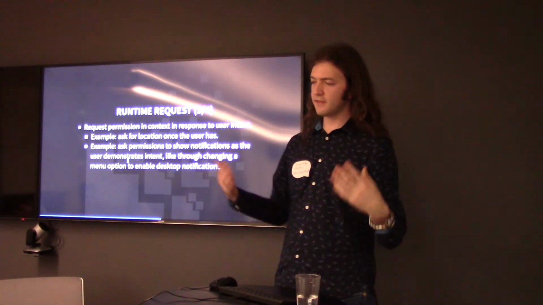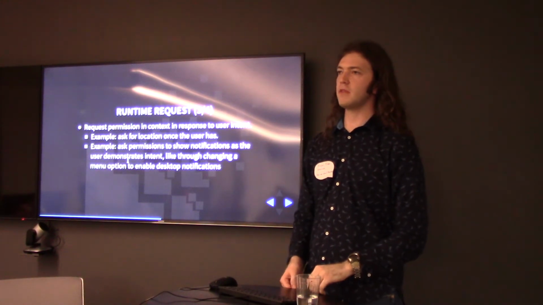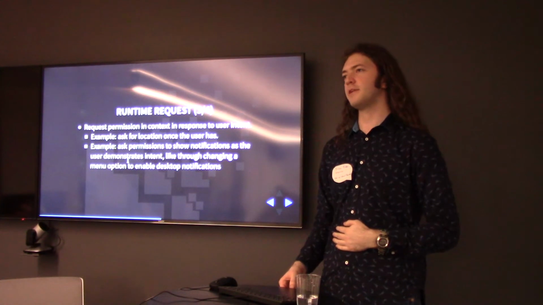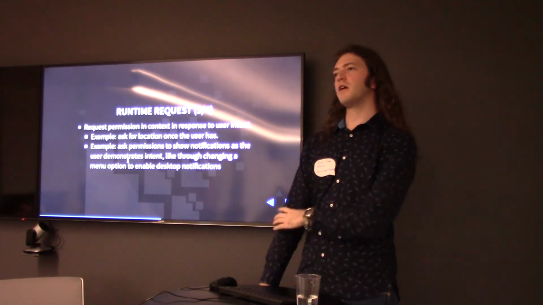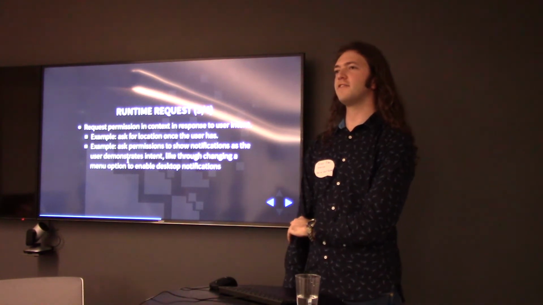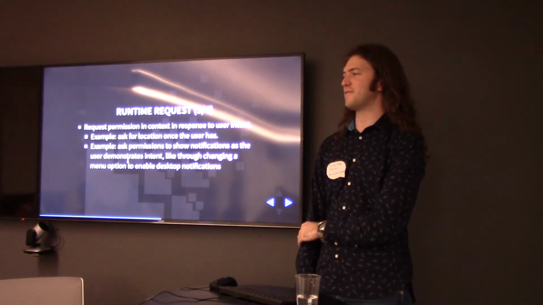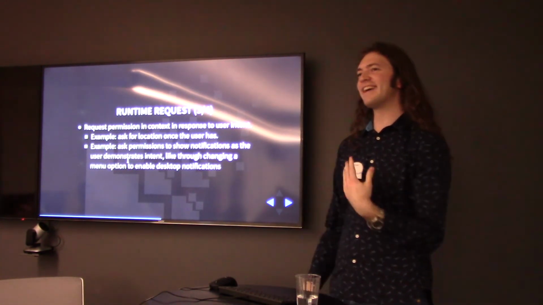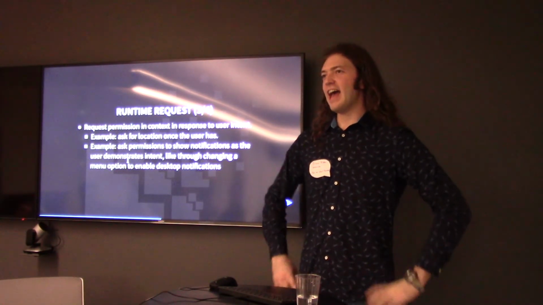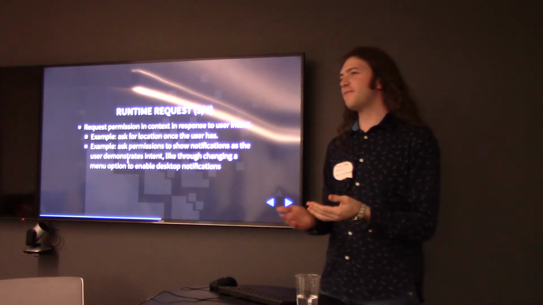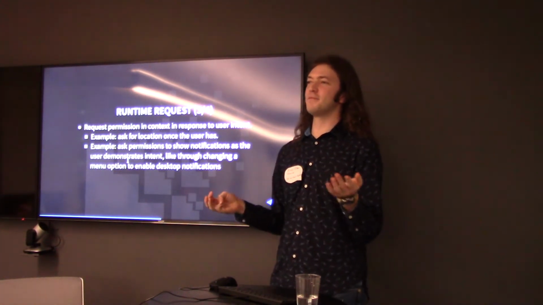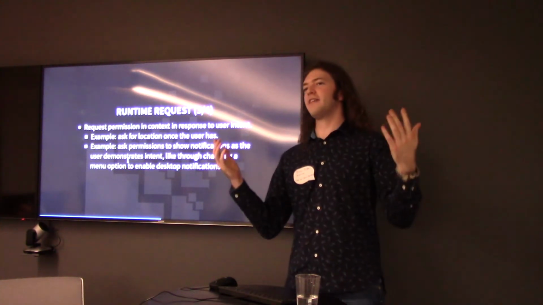Runtime requests, again, the location example is one of my favorites because a lot of the time apps will ask for location and it's not clear what they need it for up front. So it's like, why does my bank want to know where I am? And then you realize, well, if it asked for that in the context of you just asked to find ATMs near me, then, oh, that makes a lot of sense.